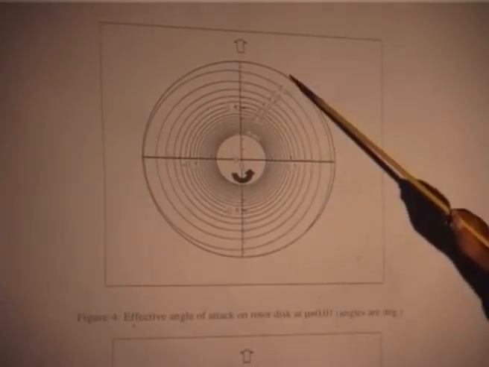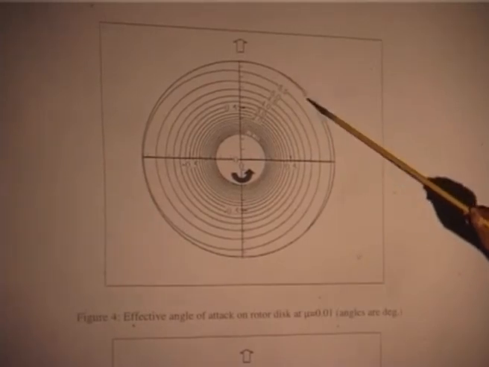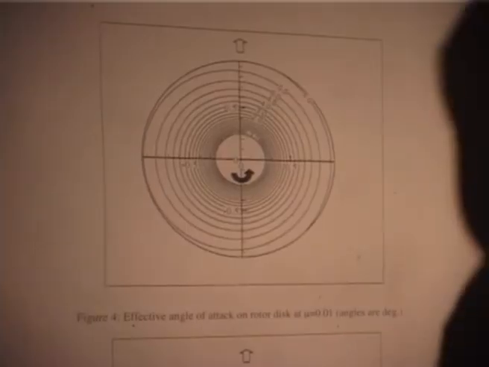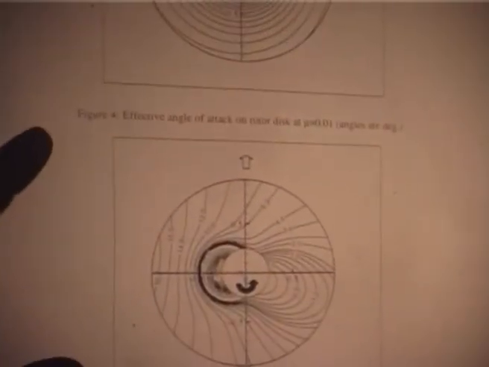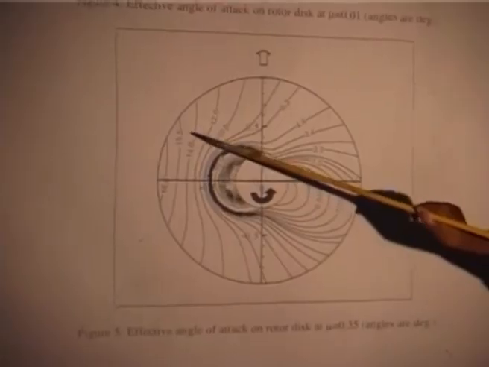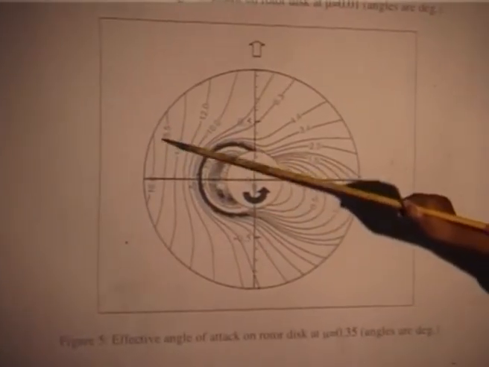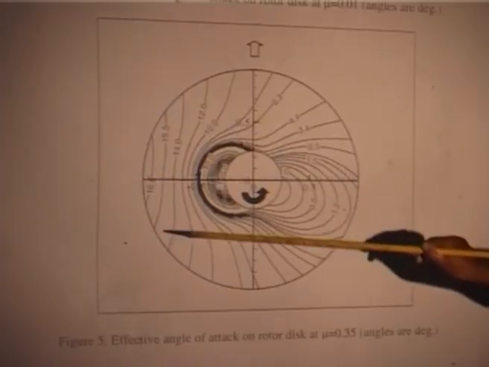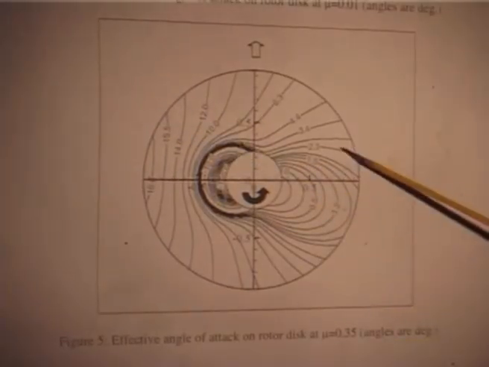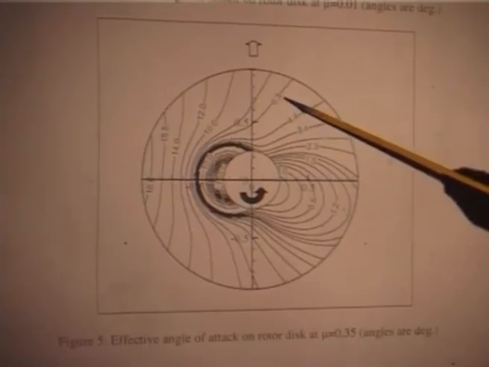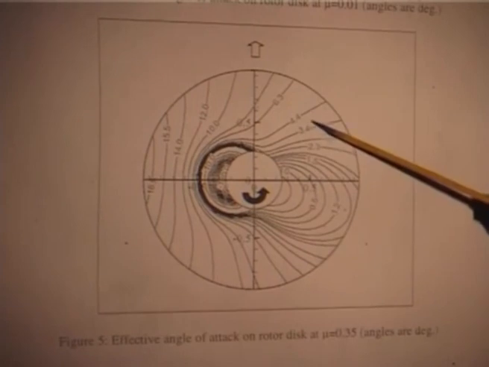Everything is within the stall angle, 6 degrees is the maximum, somewhere near the tip. But when you go to high speed, this is 0.35. You see here these angles are 16 degrees, 15 degrees, that means the blade starts stalling here, and on the advancing side they are about 1.2, here 3, 4, 5, there is no stall.